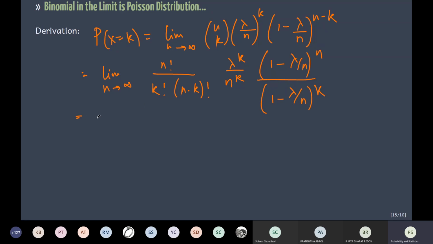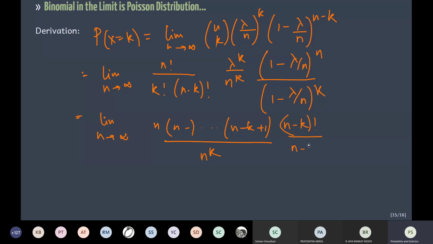This will be the limit of n tends to infinity. If you do the simplification, after this I am left with n times n minus 1 up to n minus k plus 1, divided by n to the k. I did a lot of simplifications, and all this boils down to the limit of n tends to infinity of n to the k by n to the k, lambda to the k by k factorial.